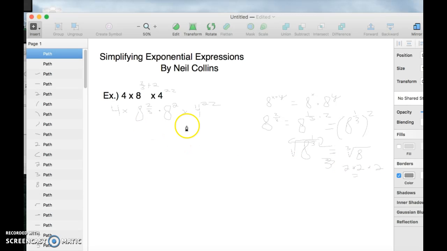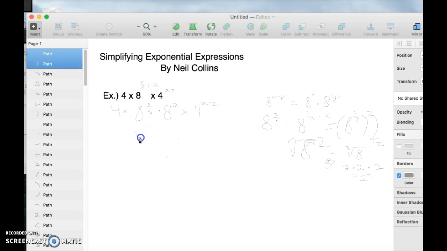So see how that z, so we solved that, that z is going to come right back down. So that's going to leave us with 2 to the z power.